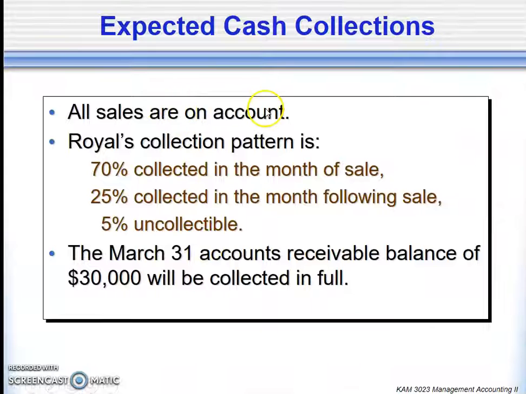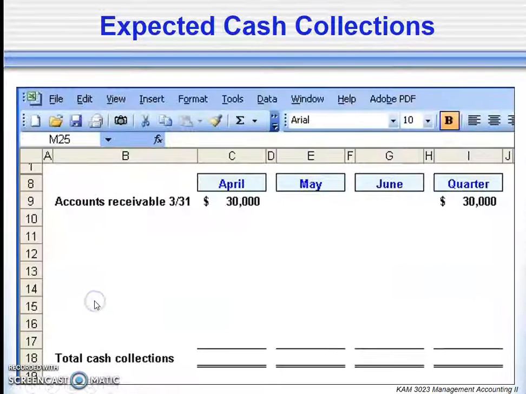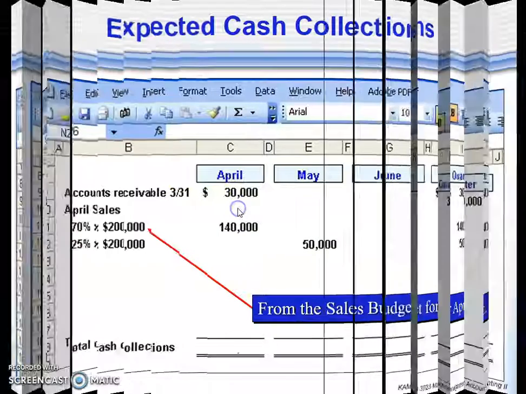All sales are on account. Royal's collection pattern is 70% collected in the month of sales, 25% collected in the following month of sales, and 5% uncollectible. The March 31st accounts receivable balance of $30,000 will be collected in full. So accounts receivable as at 31st March, 30K.